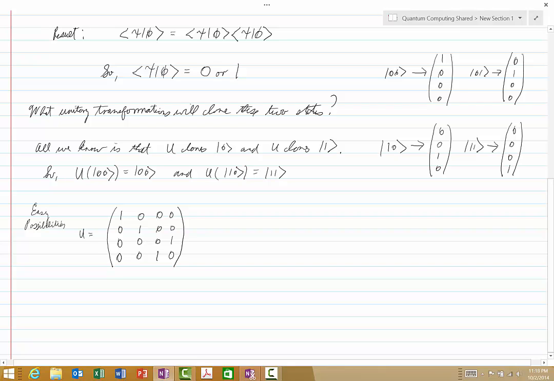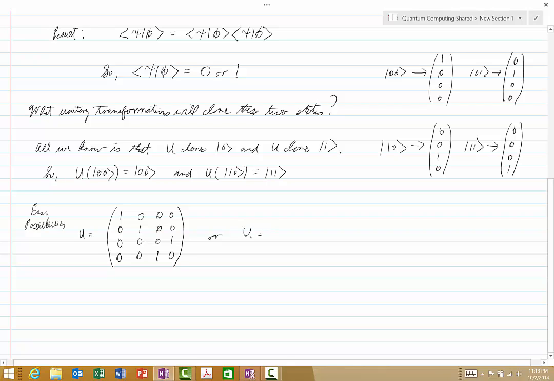Notice that all of these rows are of length 1, and they are all orthogonal to each other. And likewise, all of the columns are of length 1 and are orthogonal to each other. The two columns that match this information are present. So this would be one possibility.